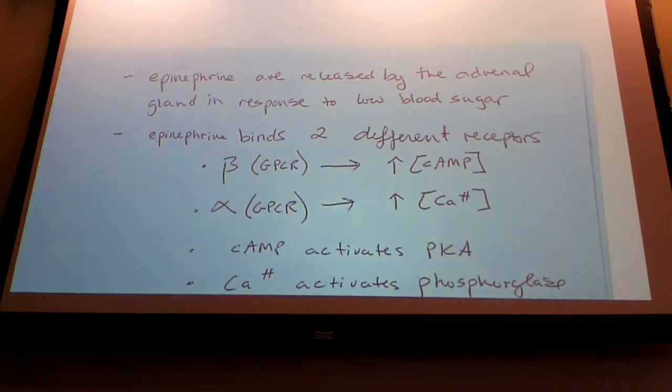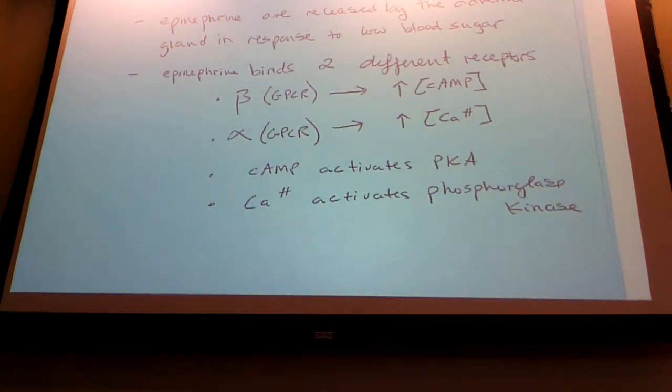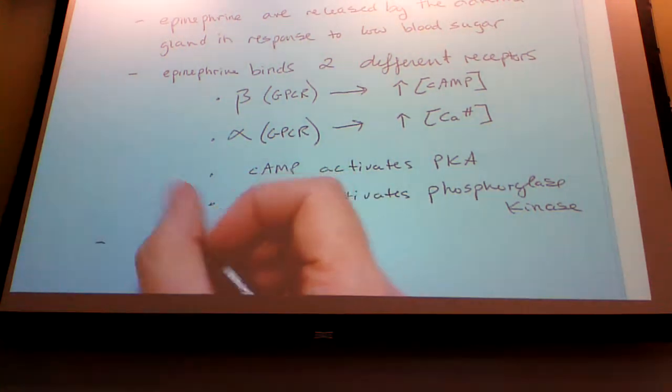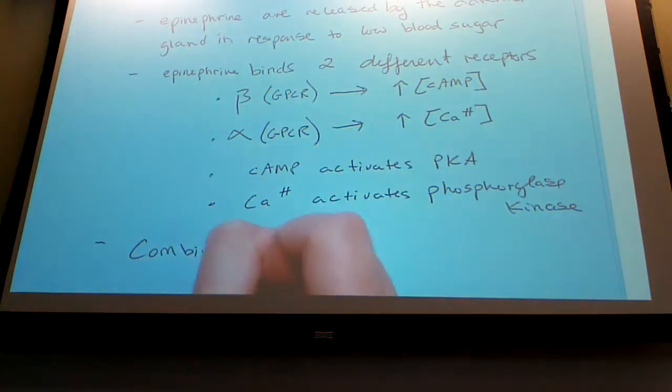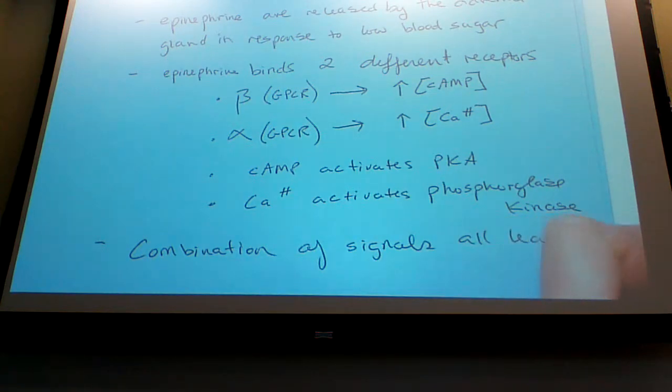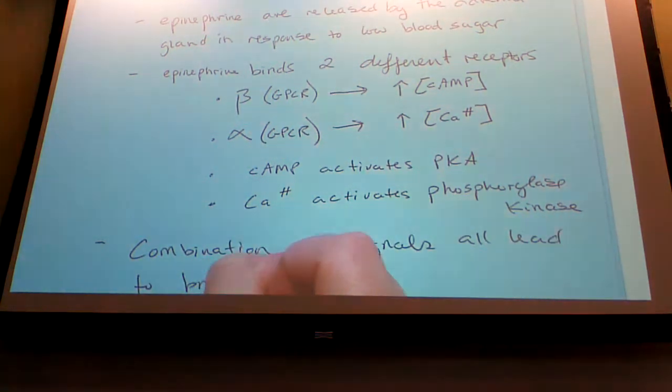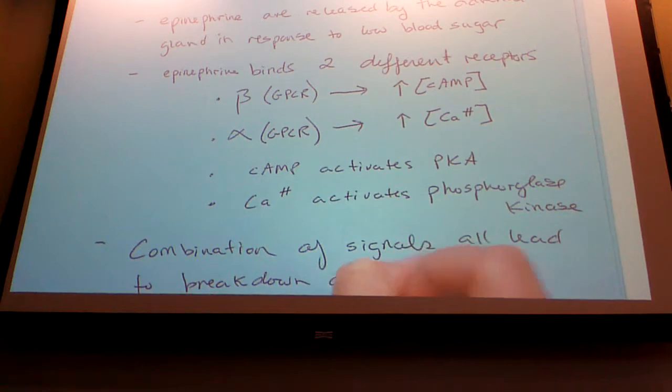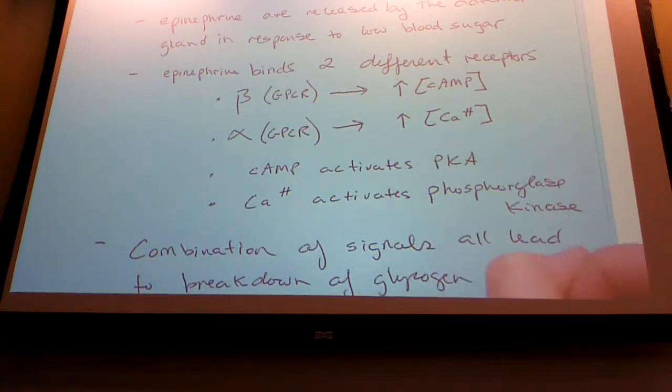So, a combination of signals all lead to breakdown of glycogen in the liver to export glucose into the bloodstream.